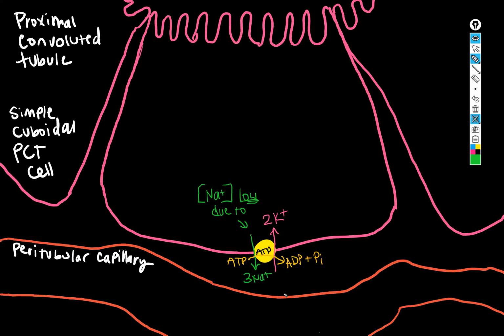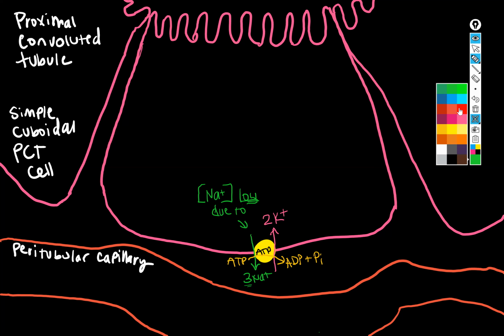So that means two things. One, if I'm constantly moving this sodium into the peritubular fluid, so the fluid between the cell and the peritubular capillary, that means that the concentration of the peritubular fluid is going to be consistently very high in sodium. So every pump, we get 3 of them moving into here, and we have lots of pumps. So there's just oodles of sodium in this space.